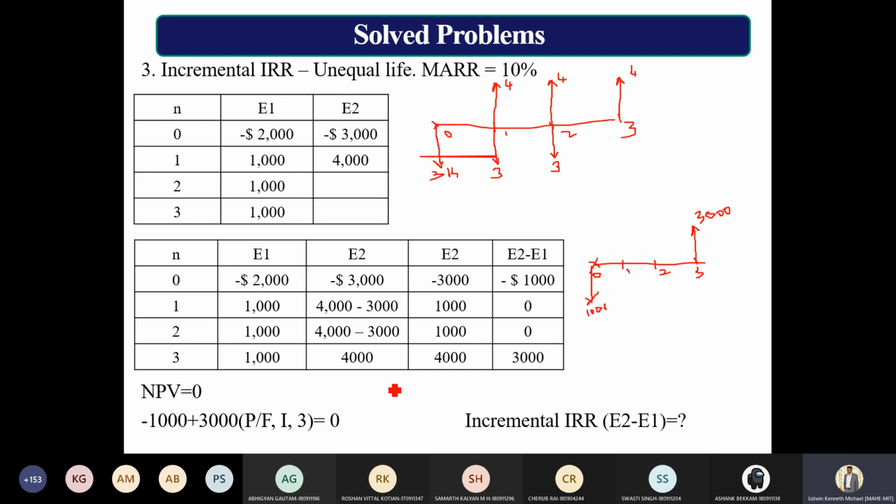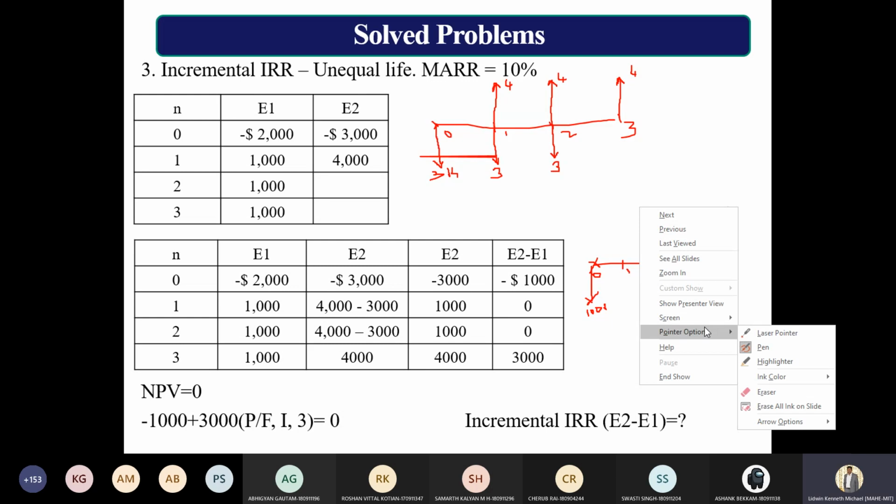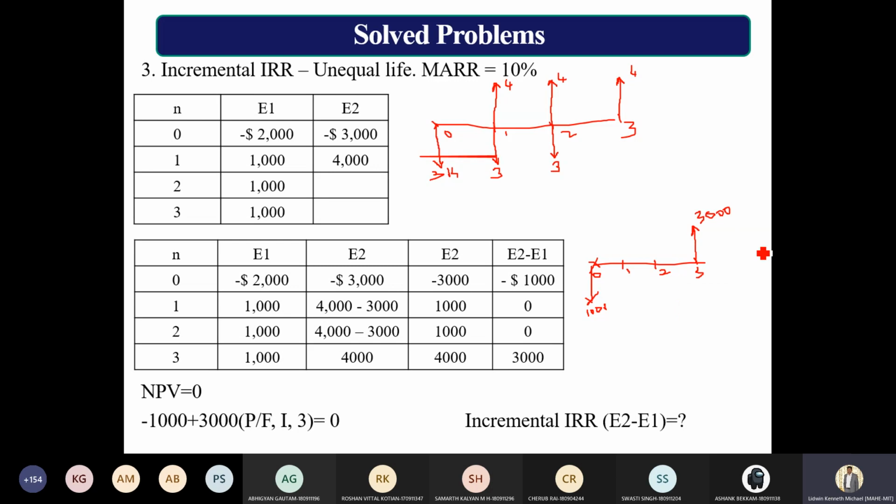Did anyone of you get the answer for this?